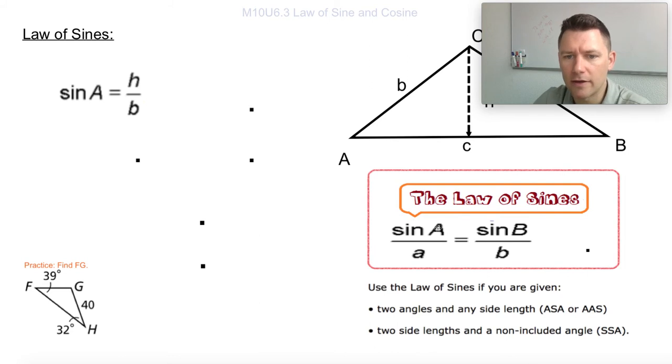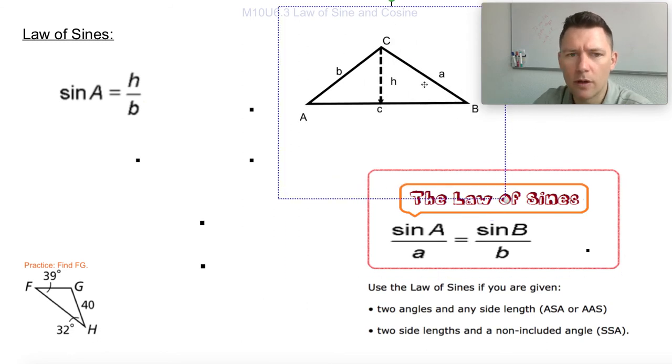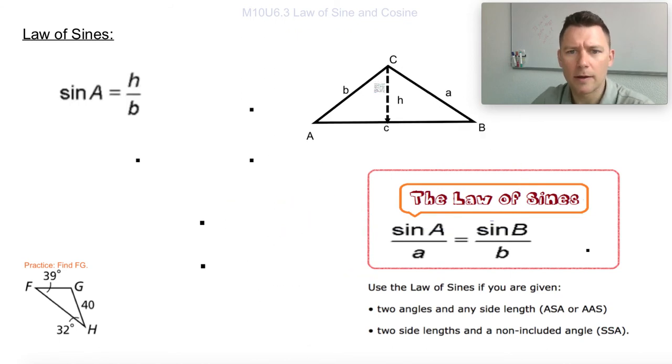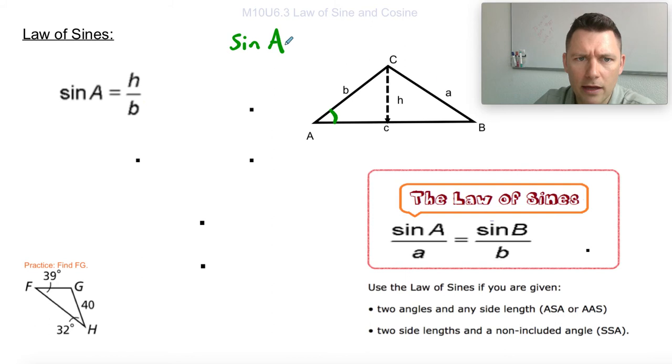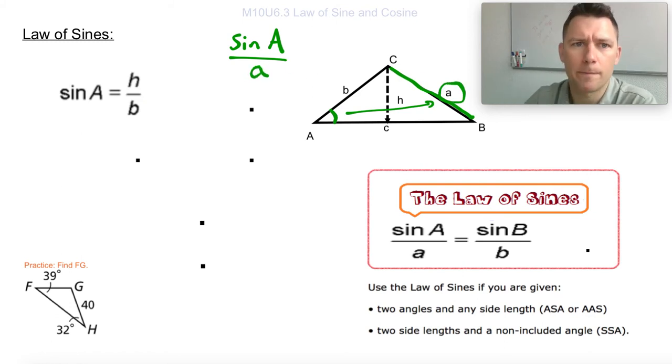So sine of angle A over side a equals sine of angle B over side b. Let's try to use that. This is actually redundant. You can take angle A, take the sine of it, and divide by the side across from angle A, which is always side a.